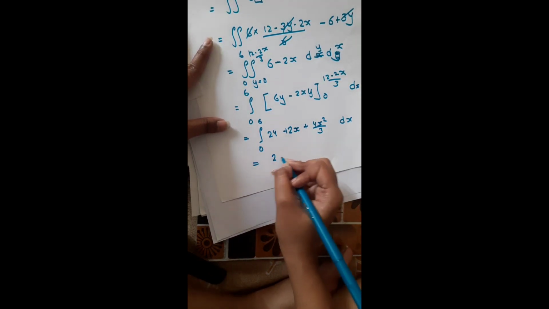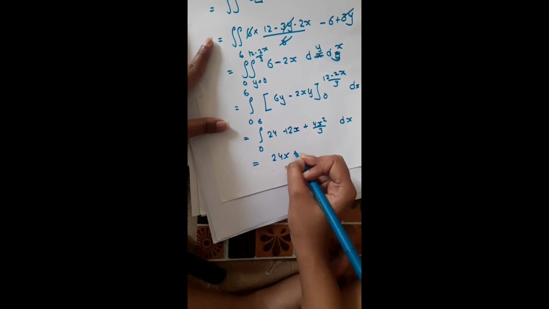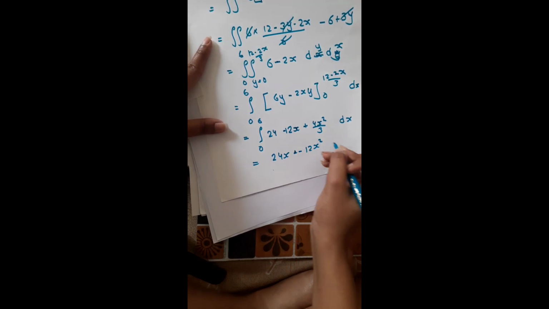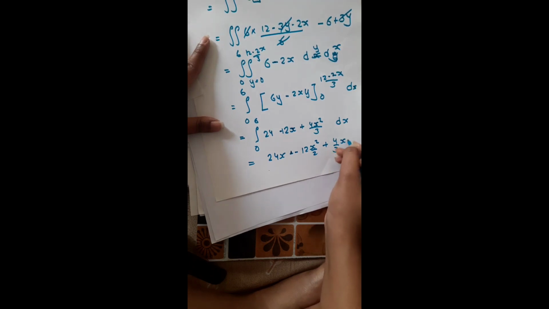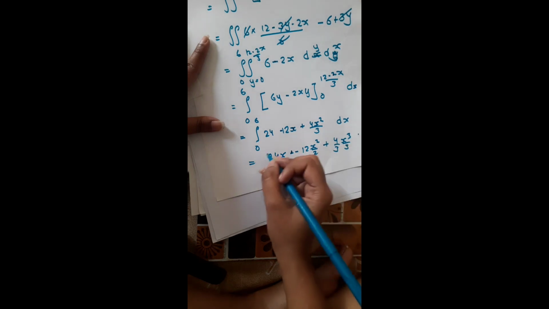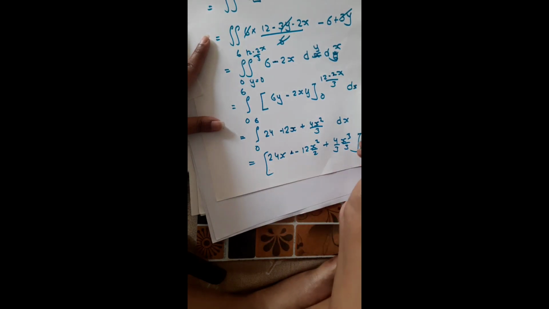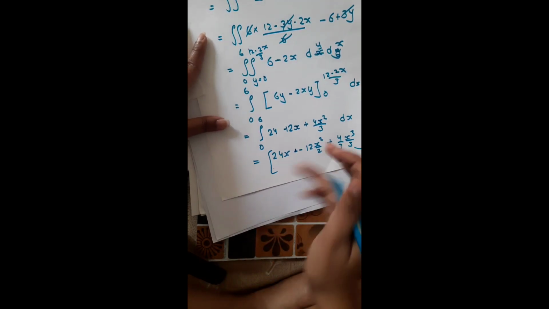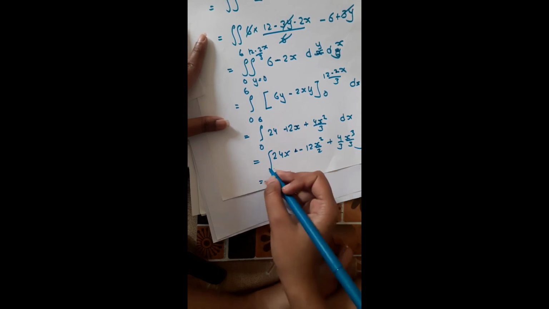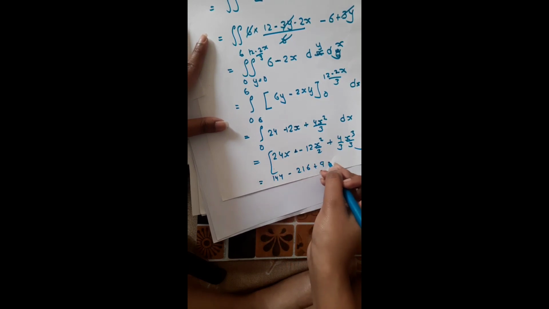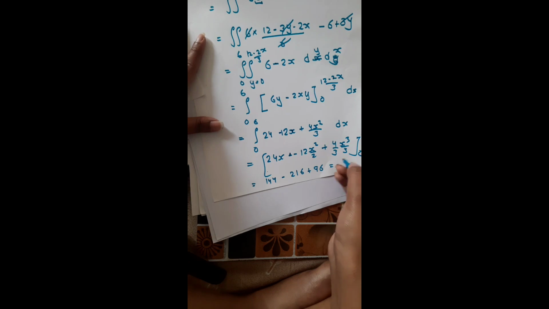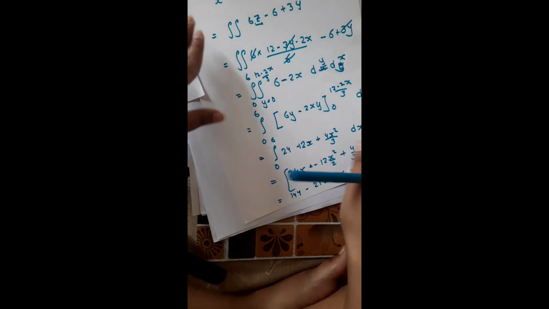So what would be 24x minus 12x square by 2 plus 4 by 3 x cube by 3. Okay, and then 0 to 6. Okay, and then on substituting this, we get 144 minus 216 plus 96, and that is equivalent to 24. So our final answer for this question is 24.